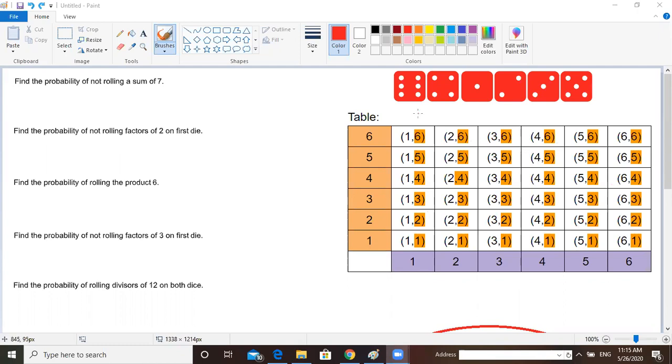Let's look at number 1. Number 1 says find the probability of not rolling a sum of 7. So a sum of 7 means that we're going to add the numbers to get 7.